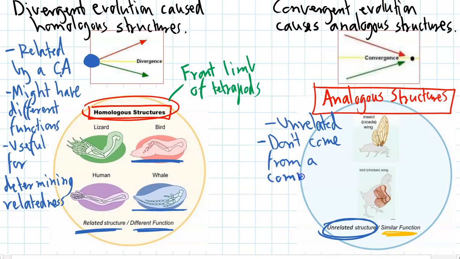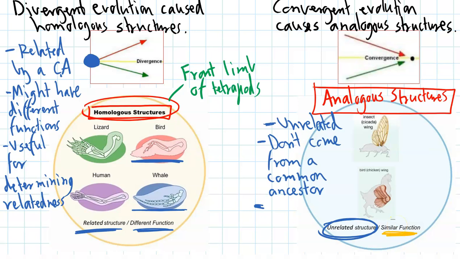Because in convergent evolution, those two species have different ancestors that aren't related recently. Of course, everything's related if you go back a billion years, but not recently. So, like I said, analogous structures have similar function.